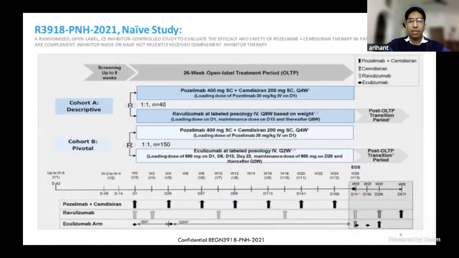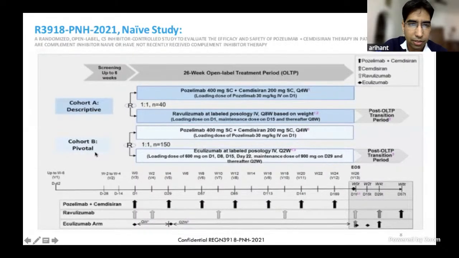So what we have tried to do at our center is, through the Regeneron company, we got an opportunity to participate in a trial which was until last month recruiting patients randomized to a newer complement therapy, pozelimab with a small interfering RNA, cemdisiran, and they were comparing this to the standard of care, either ravulizumab or eculizumab.